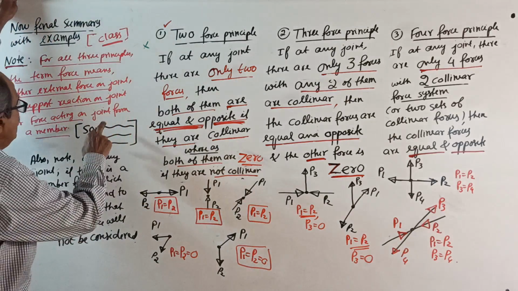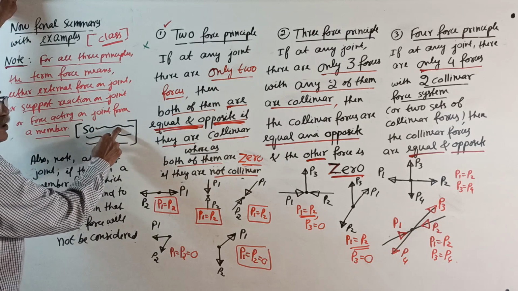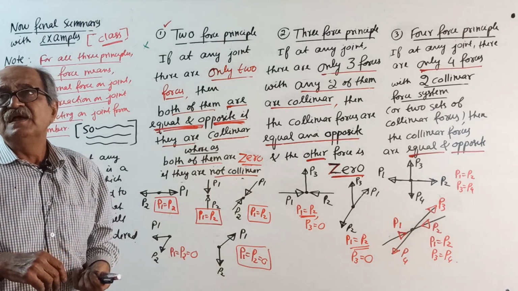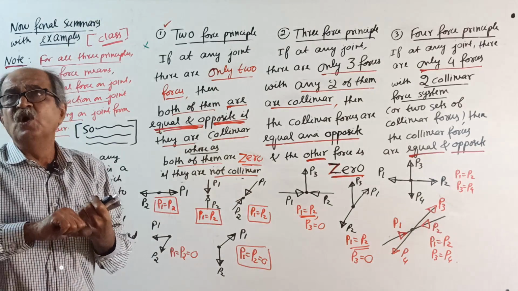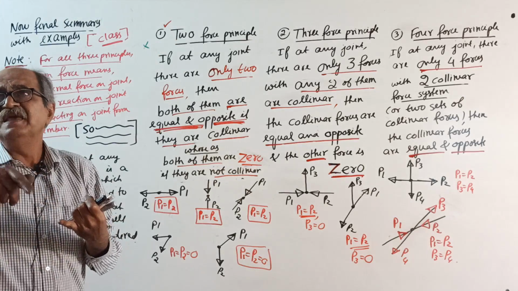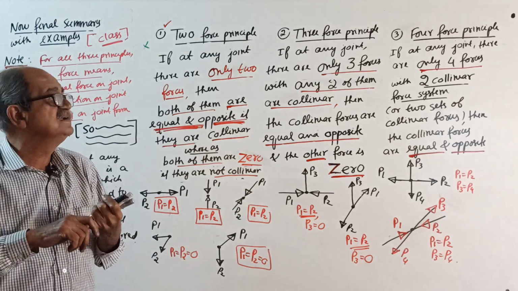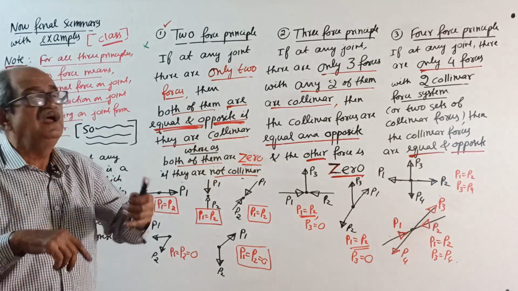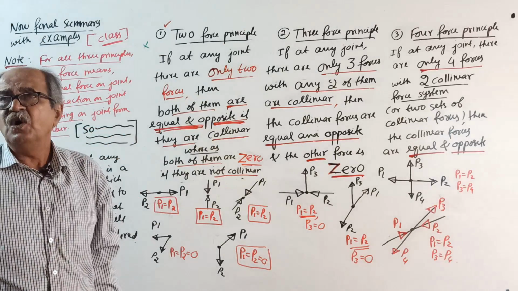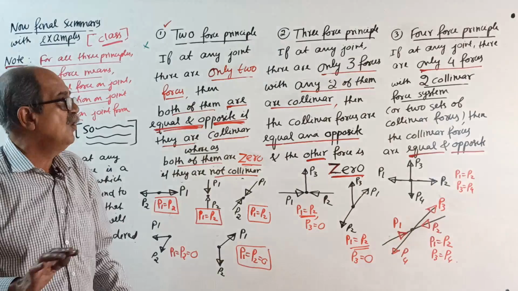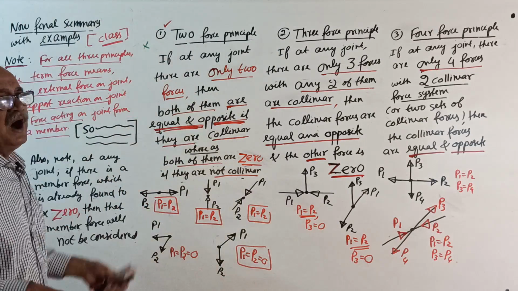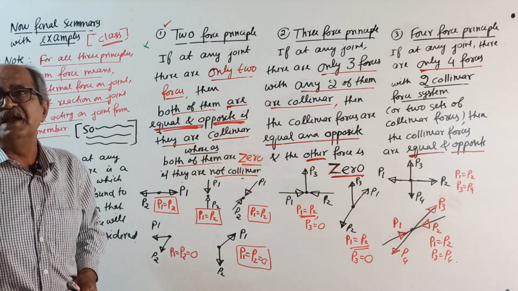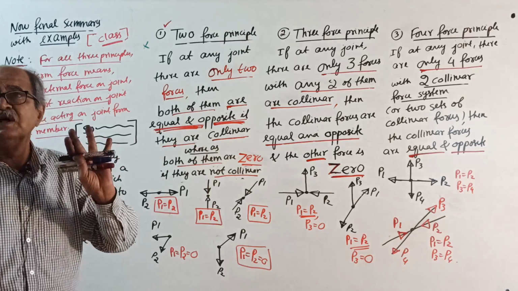Further note, never bother whether that force is an unknown member force, or a known member force transferred from some other joint, or an external force, or a support reaction. All the forces you consider in the method of joints for equilibrium count.